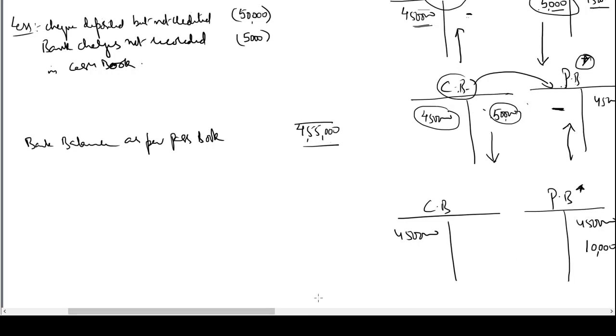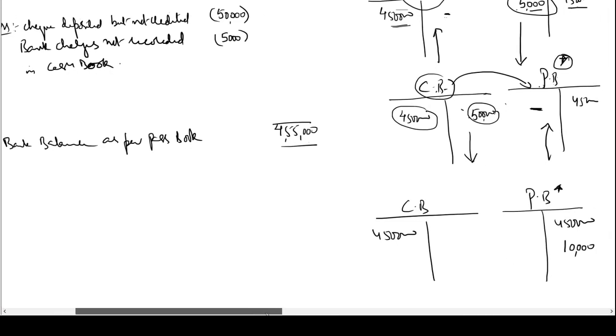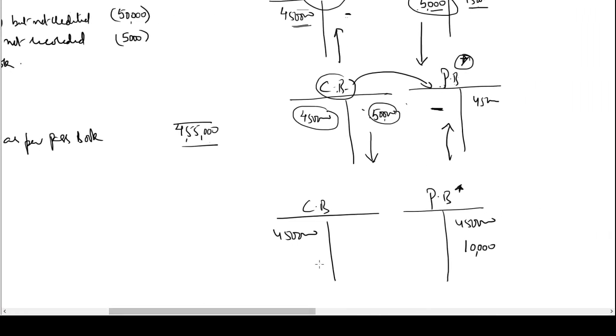As I told you earlier, the debit side in the cash book is deposit, and the credit side is withdrawal. The debit side is withdrawal in the passbook and the credit side is deposit. So a deposit of 10,000 rupees has been collected by the bank directly. But we are not aware of the deposit, hence we have not recorded it in the cash book.